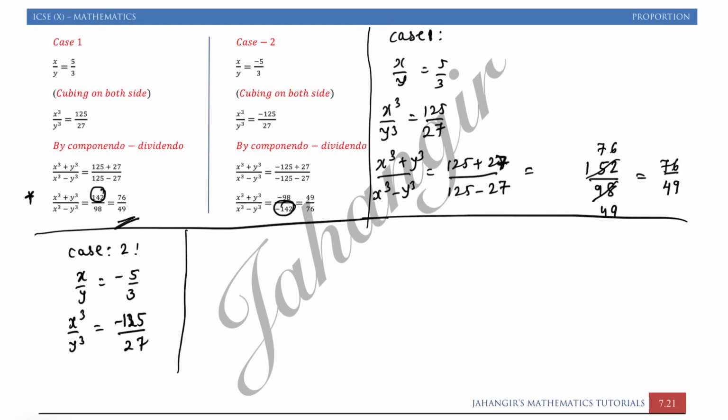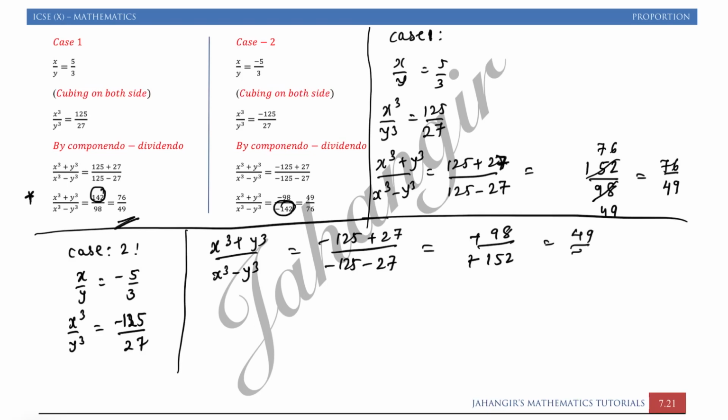Now taking componendo dividendo, x cube plus y cube upon x cube minus y cube is equal to minus 125 plus 27 upon minus 125 minus 27. So that will give you minus 98 upon minus 152. Minus minus will get cancelled. So 49 by 76. Okay, hope you understood this.